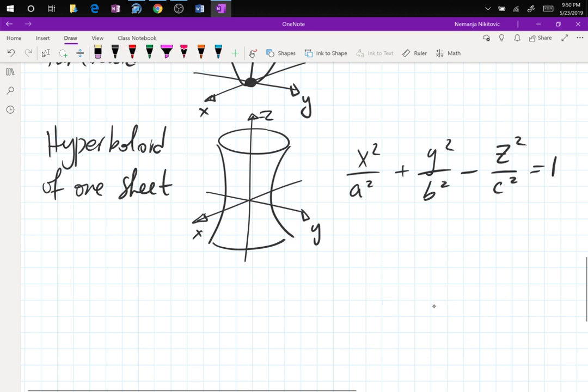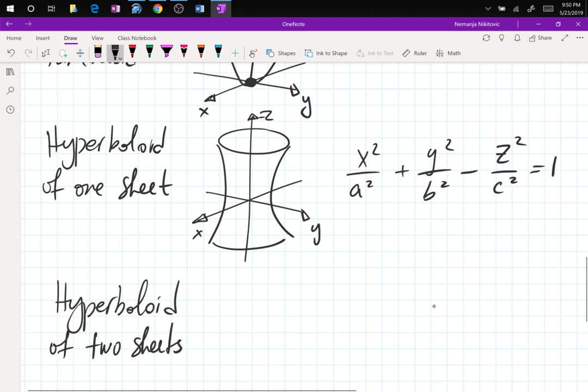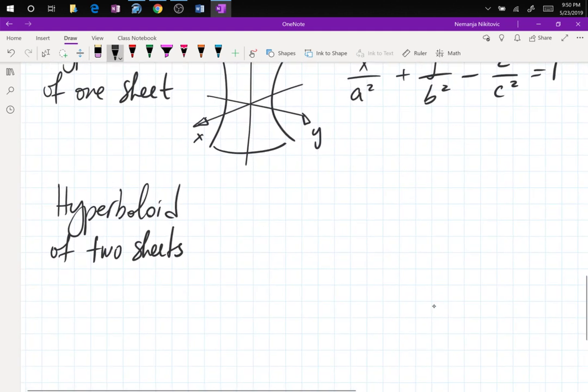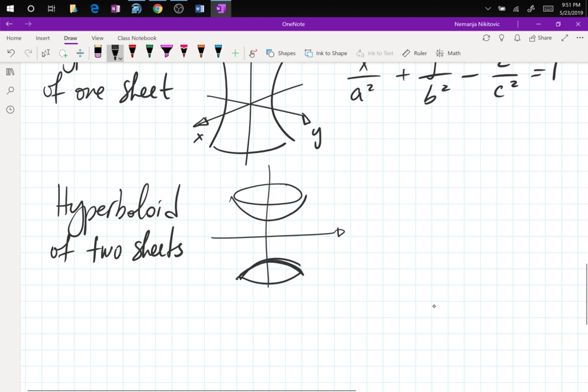Cool, right? Next one, hyperboloid of two sheets. Hyperboloid of two sheets, and that one is going to be like this.